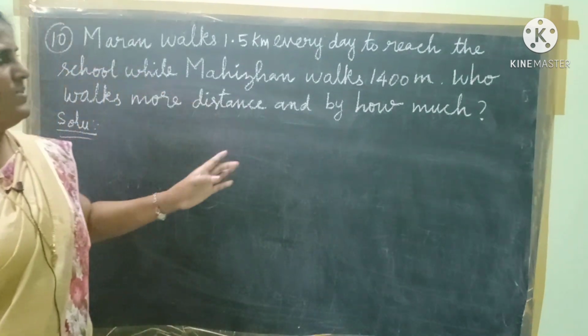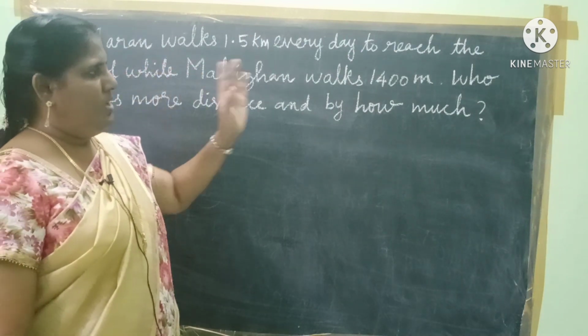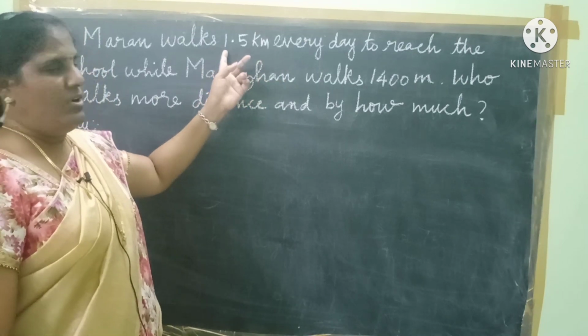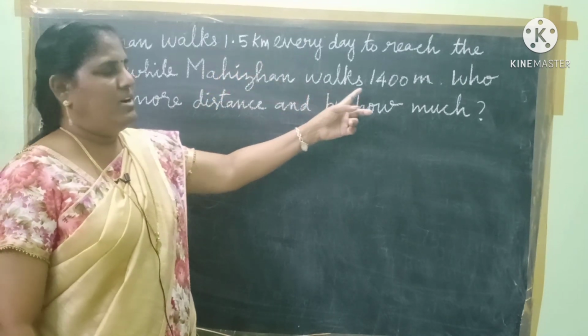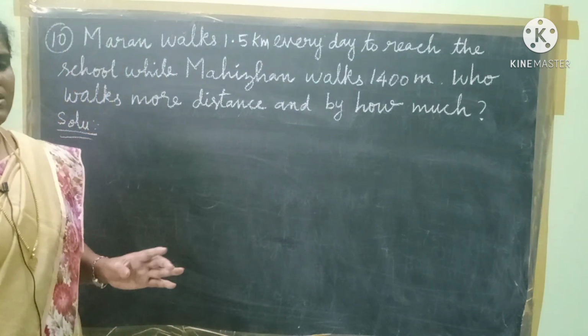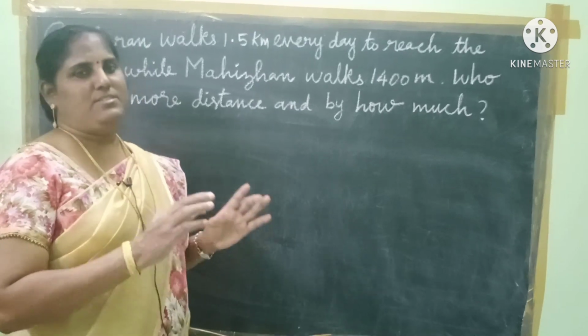So here what is given? Maran and Mahiran both walk to school. So how much distance did they cover? He walks 1.5 kilometer, and he walks 1400 meter. So who walks more? That's what they are asking. That means who walks more, this is a subtraction sum.